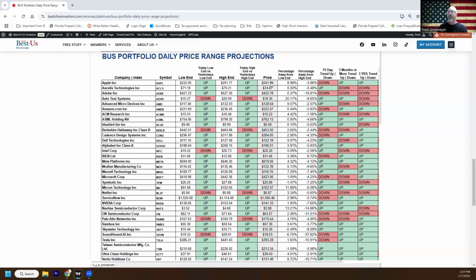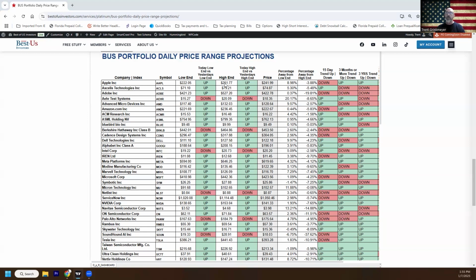So this price that we're at today at $241.99, can we get closer to the low end for a better buy opportunity? As long as we're above that intermediate trend or 3-month trend, we feel good about that, but we want to buy at the low end if possible, and of course, sell at the high end.